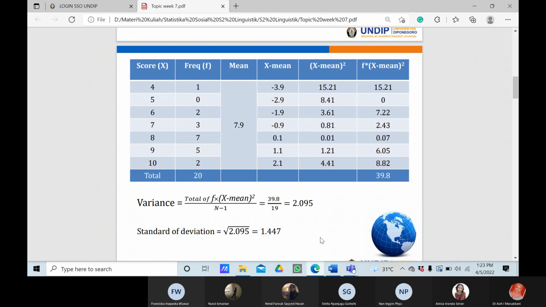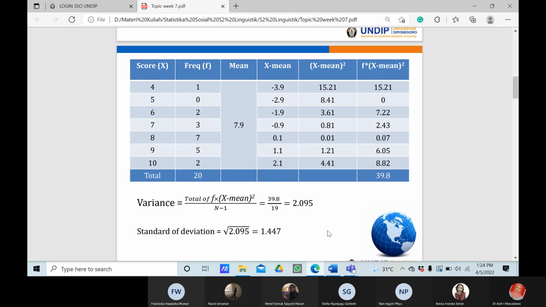or SPSS or another software. But you have to know how to calculate manually from the single data, build the frequency distribution, and produce the center and variability measurement from the frequency distribution.